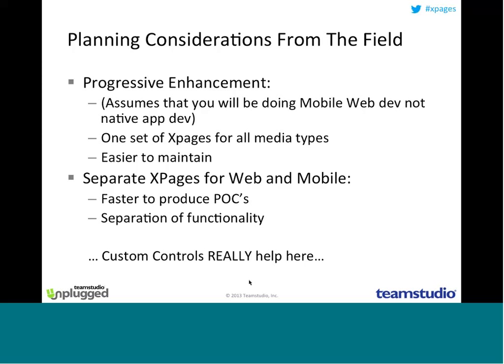It's faster to debug. You've probably got more experience in using XPages for the web for a screen the size of a 15-inch laptop or bigger. For the mobile stuff, obviously, use the progressive enhancement. You want one set of XPages for phones and tablets combined, and using CSS or themes to redisplay the content.